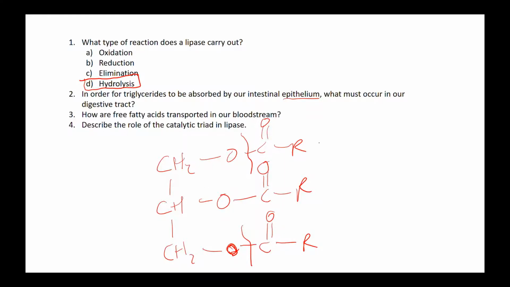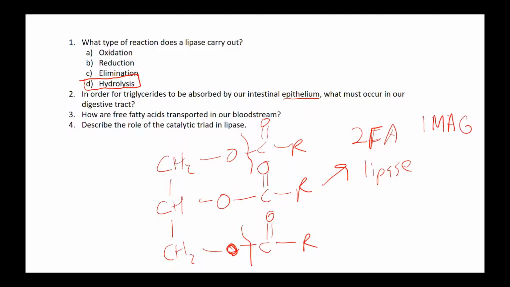So basically 2 of these fatty acids get cleaved off by lipases. A lipase in our digestive tract will take a triglyceride and cleave off 2 of the fatty acids and leave us with one, I'll just abbreviate here, monoacylglycerol.